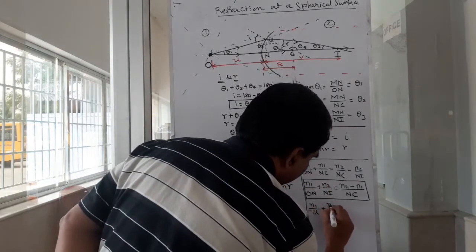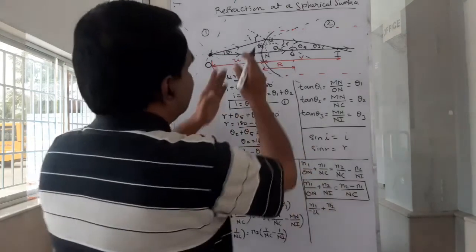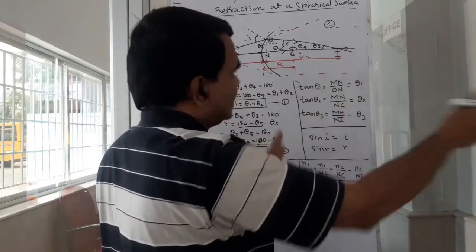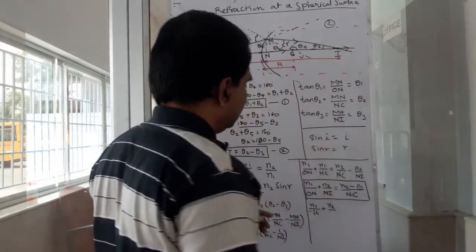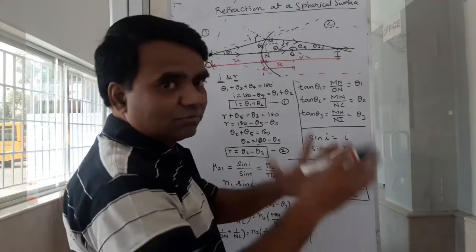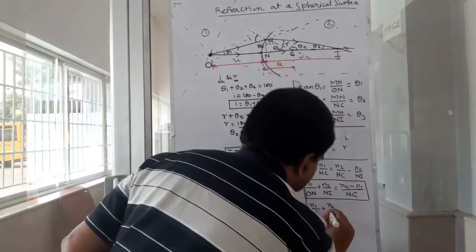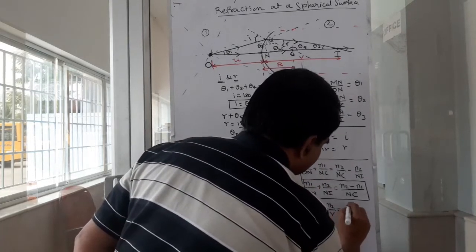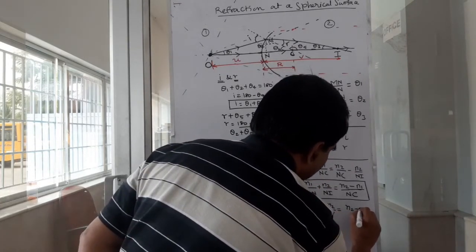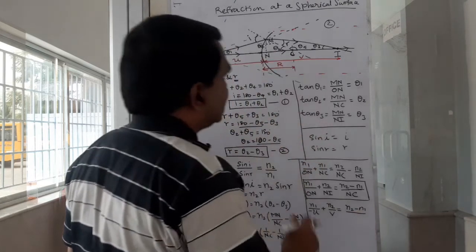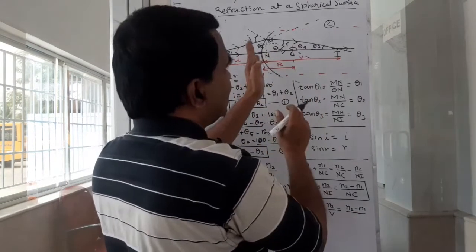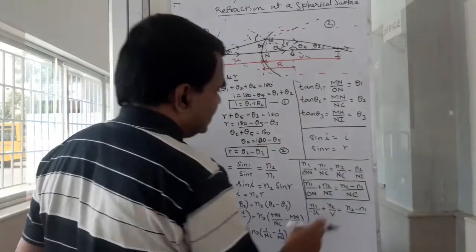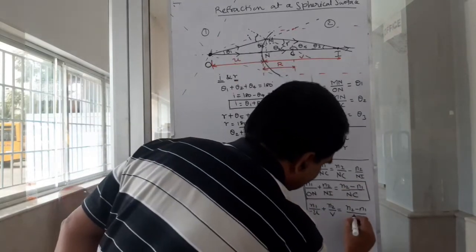Then N2, I can't do anything. Then Ni, that is approximately equal to V. V I'm going to measure as a positive quantity. This is also a positive quantity, Ni, so I don't have to do anything to it. So I'll just take it as V. And from here, N2 can do nothing, N1 nothing. NC, how will I measure it? I'm going to measure it from here to there. So that is also a positive quantity, and here also the whole thing is positive, so I just take it as well.